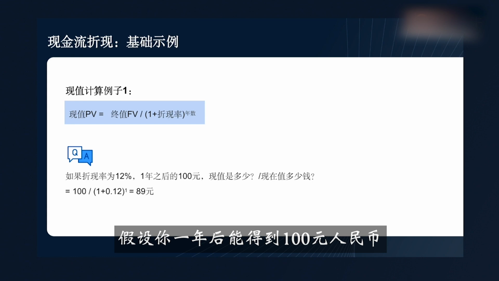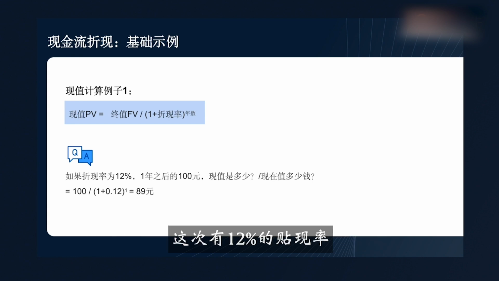Let's say that you have 100 RMB expected in a year with a 12% discount rate this time. Here's the formula. You'd stick that future value in right here, and you divide it by 1 plus the discount rate to the exponent of number of years.